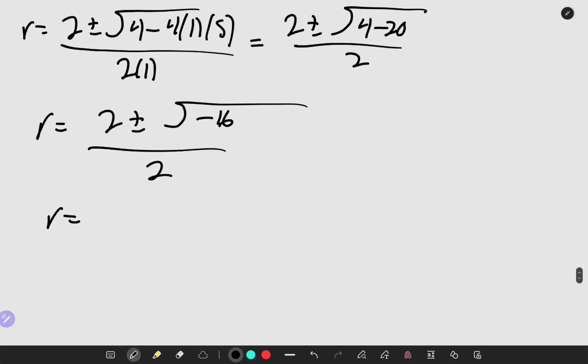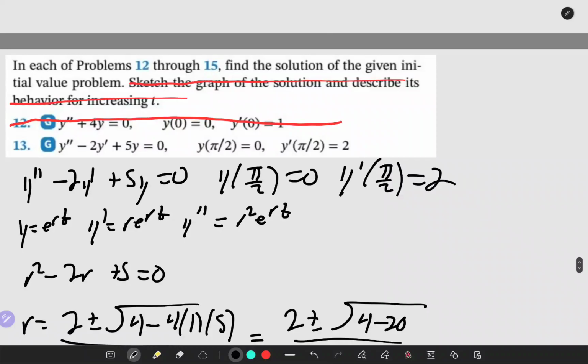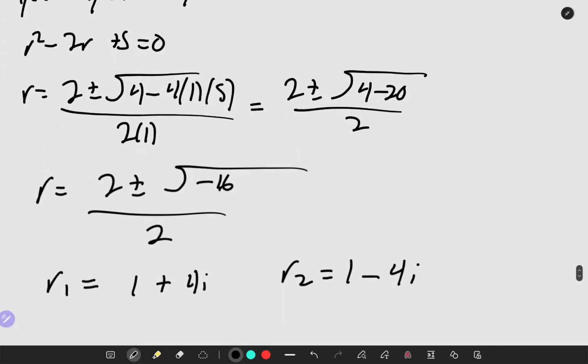That tells us that we have r1 would be 1 plus 4i. r2 would be 1 minus 4i. I believe, let me check. 1 plus or minus 2i. Yep.